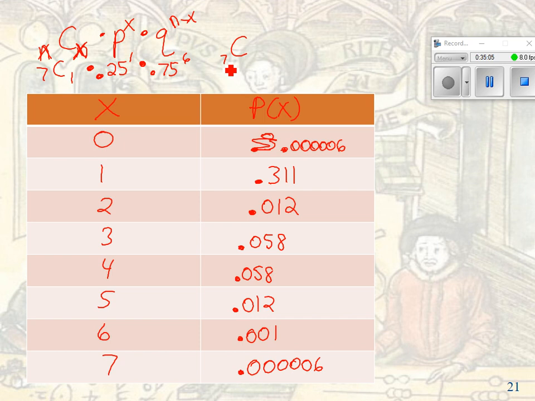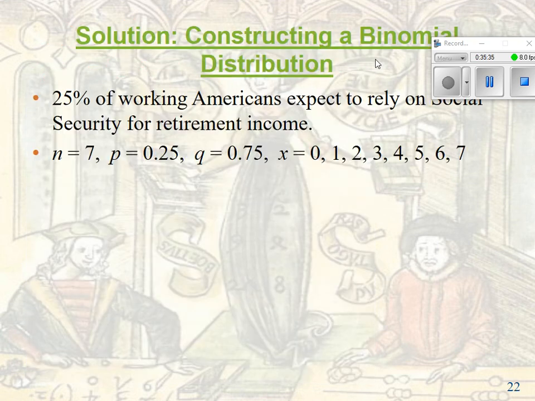Let me type it in again. 7 choose 6 times 0.25 to the 6 times 0.75 first? I got two's different. Is this the way it should be punched in for 6, right? I've been doing it wrong the whole time. Did you do number two? I got the P's and the Q's mixed up.